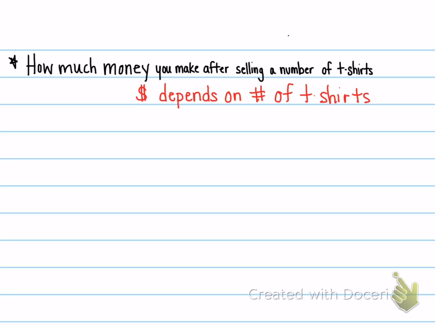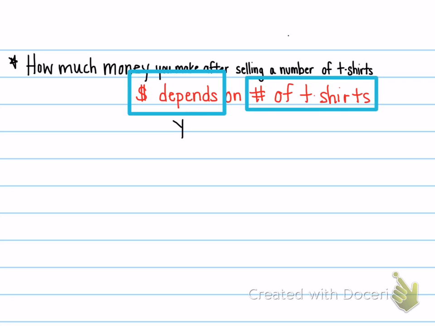That would mean that money is your dependent variable, which means it's going to be your y value, and the number of t-shirts is your independent variable, which is going to be your x value. So any ordered pair that you get, any x, y is going to be t-shirts and then money. You plug in the number of t-shirts you sell, you get out the amount of money that you made.